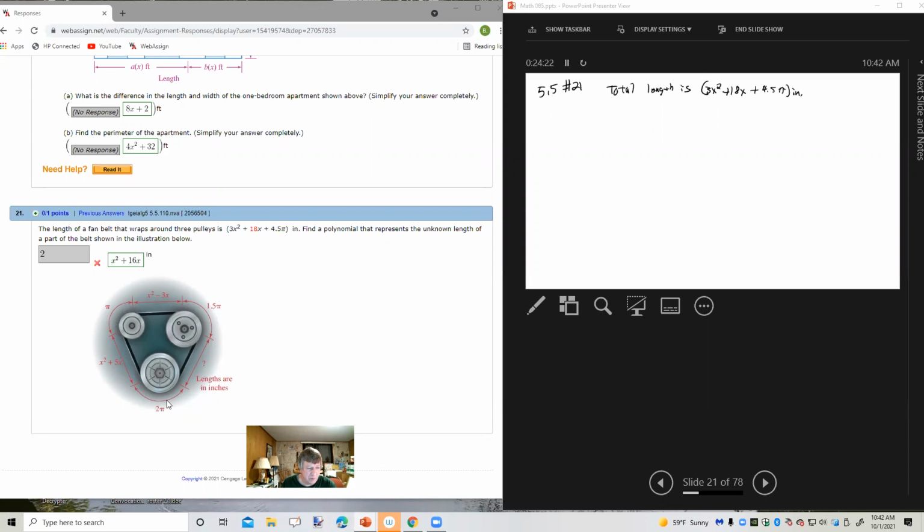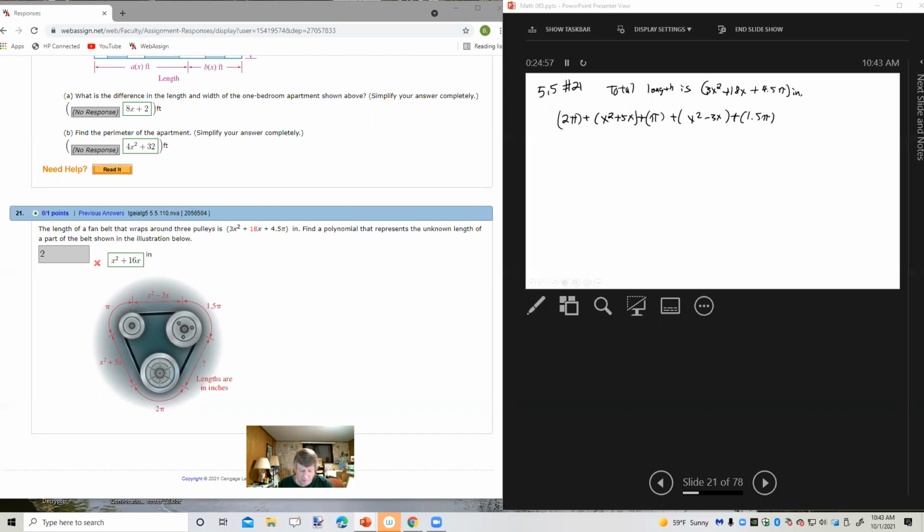Okay, so I'm going to start with 2 pi, plus x squared plus 5x, we'll put that in parentheses, plus pi, plus x squared minus 3x and plus 1.5 pi.